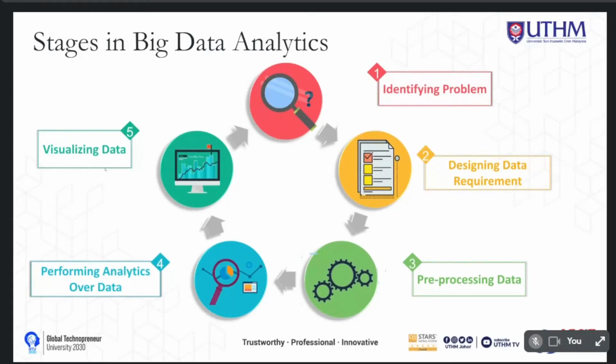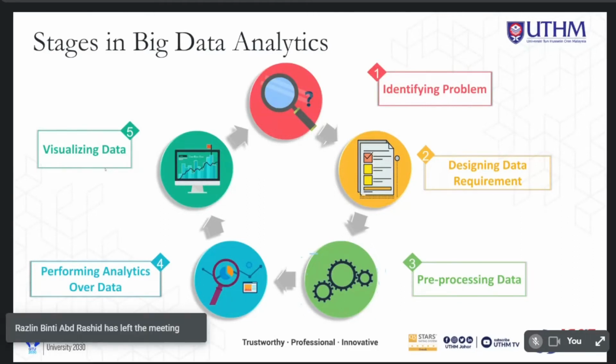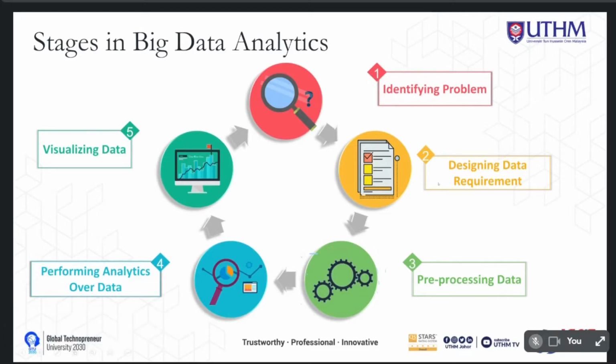So for example, even simple basic Microsoft Excel, Microsoft Power BI, Hadoop, Apache Spark, and some other big data analytic tools. So these are the stages of big data, starting from identifying a problem. We have to define the problem first before designing the data requirement, what the data means.